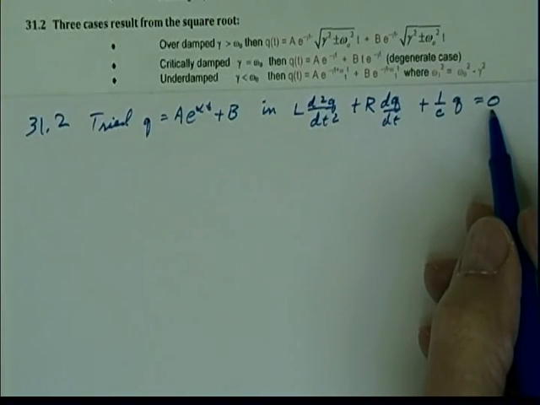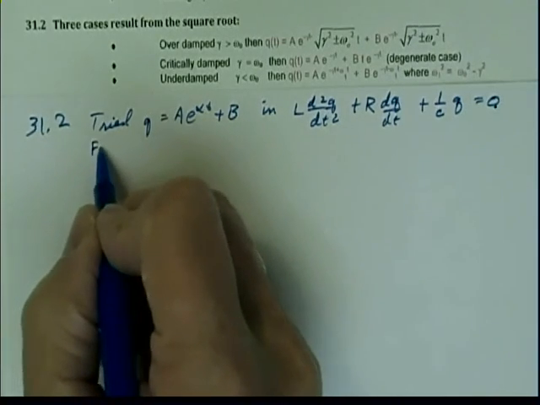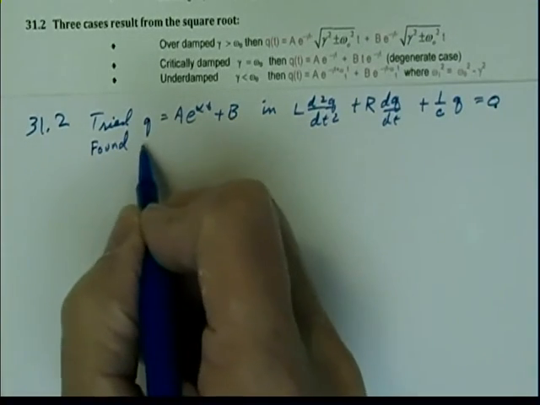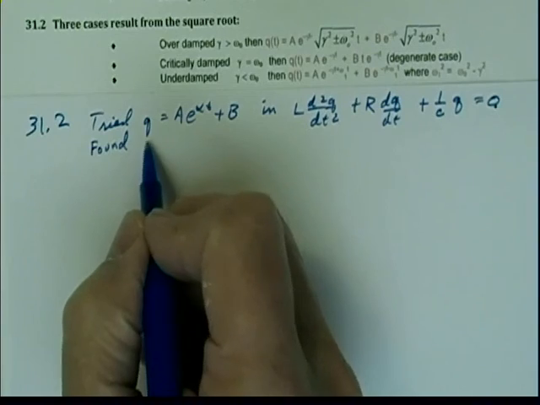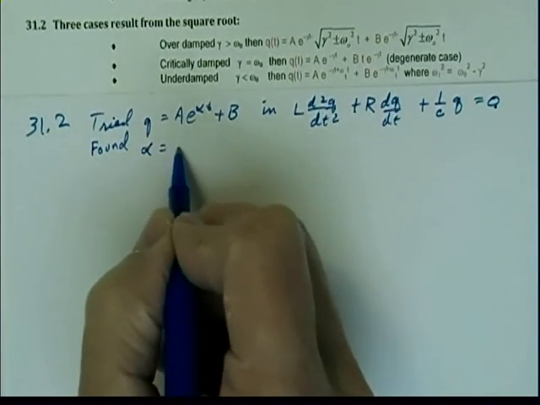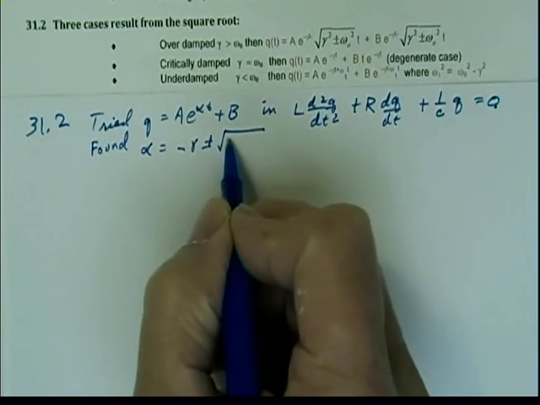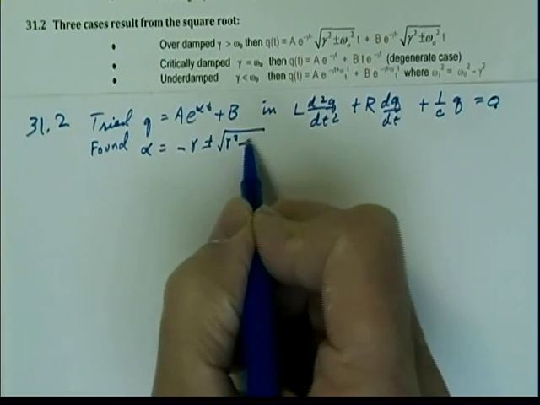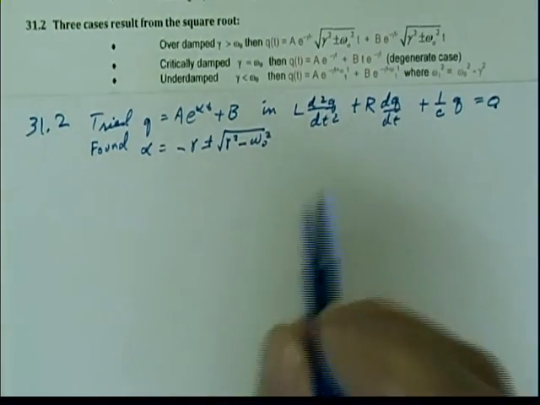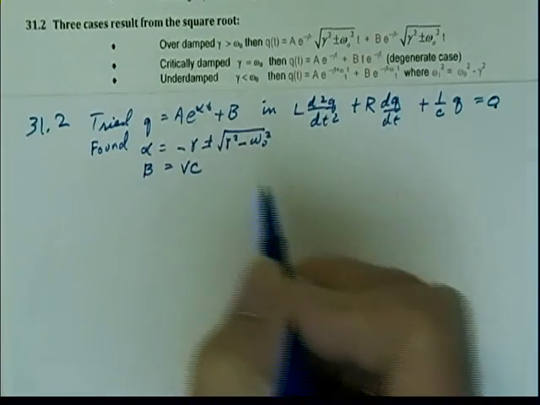Because we have to solve this homogeneous equation in order to solve it in the inhomogeneous case, where this is not 0. And we found that Q is equal to this if alpha is equal to minus gamma plus or minus the square root of gamma squared minus omega naught squared, and B is equal to V times C.